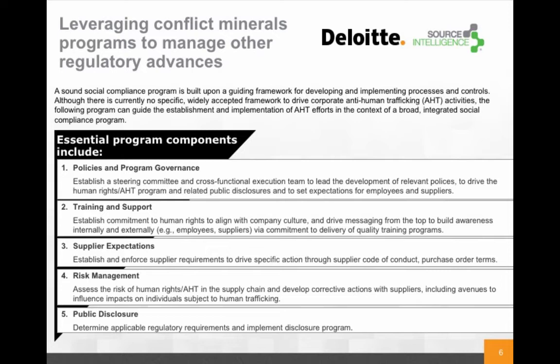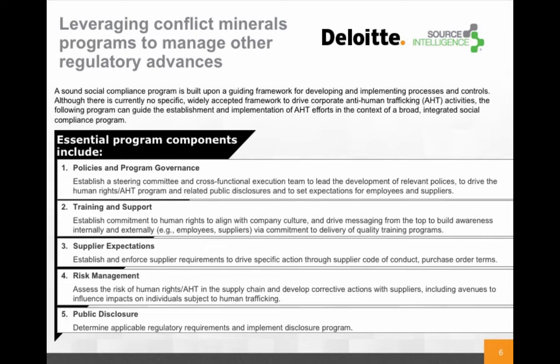And really focusing at the outset on the role of transparency and disclosure around the outputs of these activities, contemplating those considerations at the onset as a part of the program governance definition to ensure that expectations are clearly set throughout the organization and with suppliers.